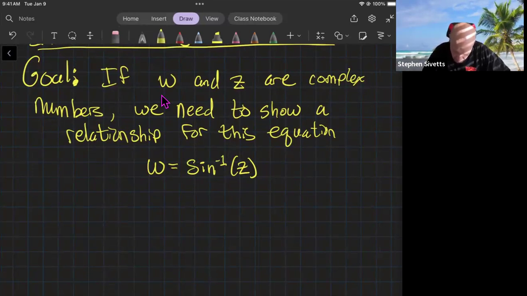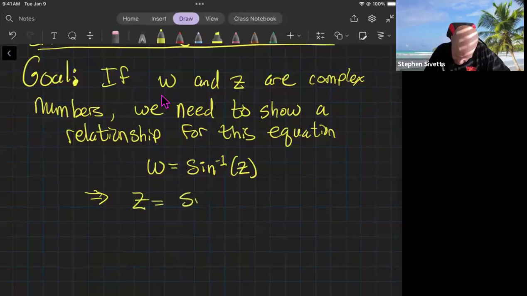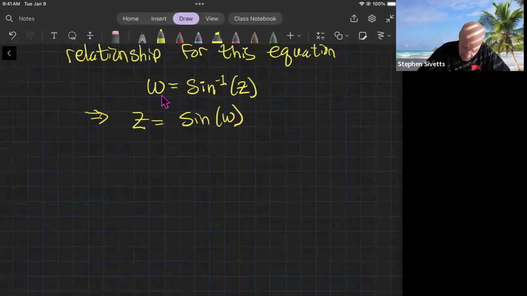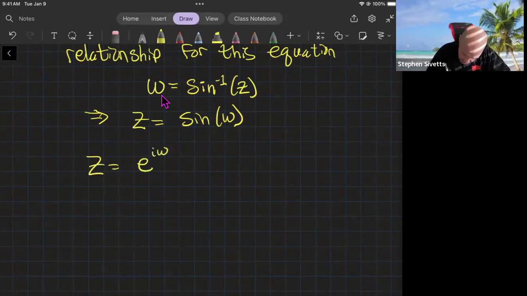So to figure out what z has to equal, what this means is that z has to equal sine of w. So by definition of the sine function, z is equal to e to the iw minus e to the minus iw over 2i.